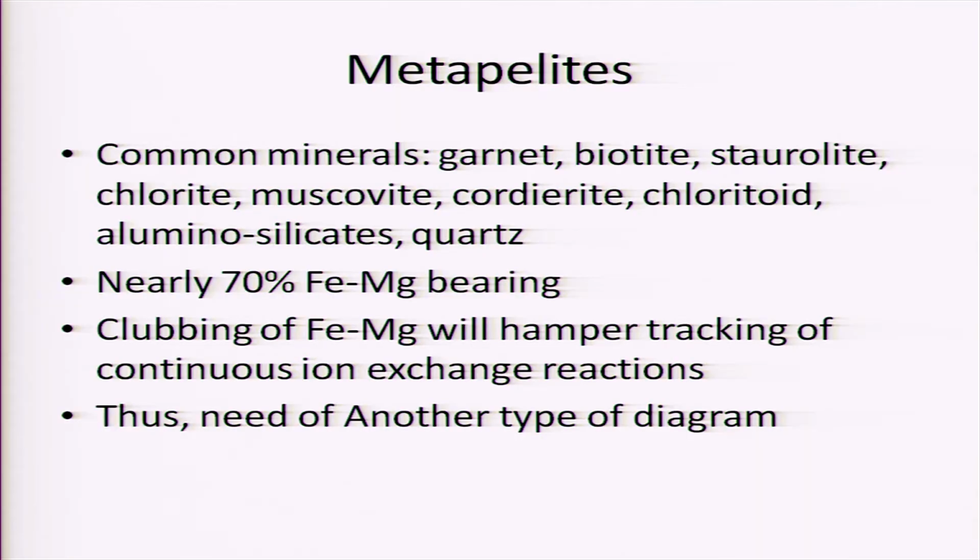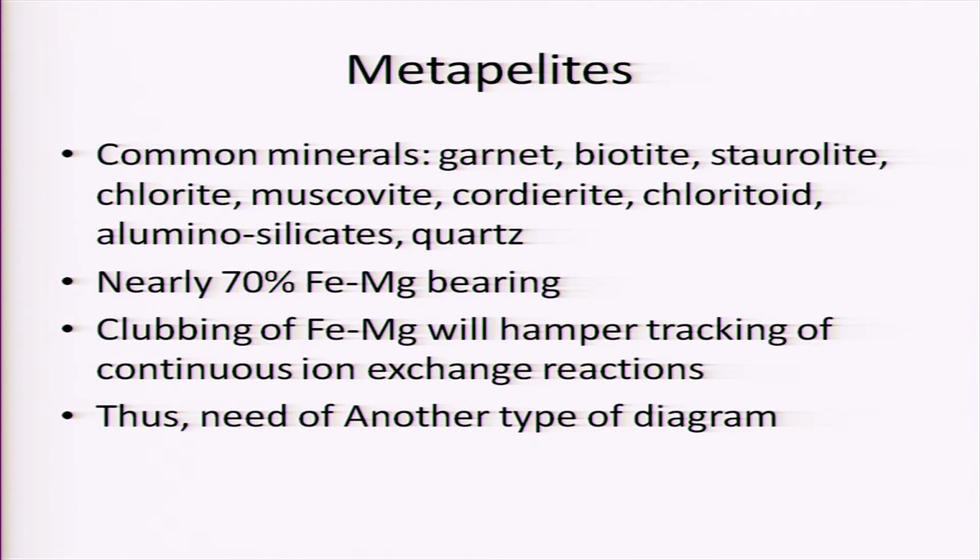The reason we require these special diagrams is that amongst the minerals which I listed, 70% contain iron and magnesium, and the changes in metamorphic transformations occur by change of proportion of iron and magnesium.